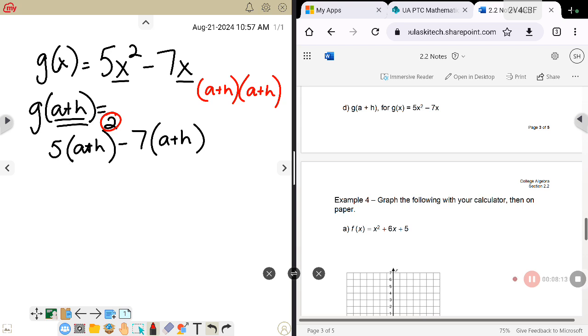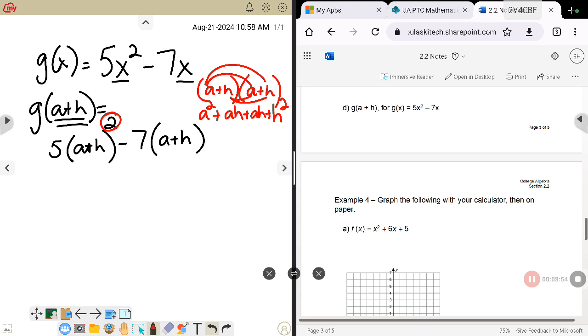First I'm going to distribute the a to both of the terms in the second parentheses. So a times a gives me a squared. Then the outer, a times h, gives me plus ah. And then I'll distribute the h to both of these. So h times a gives me another ah, and then h times h gives me positive h squared.